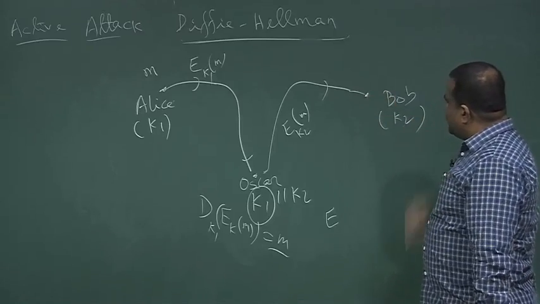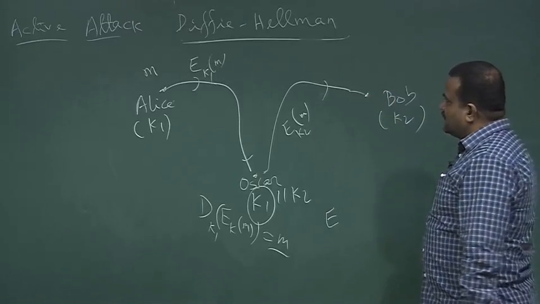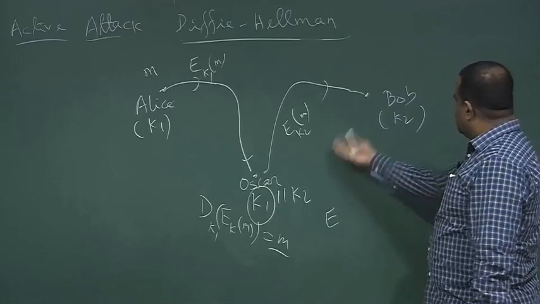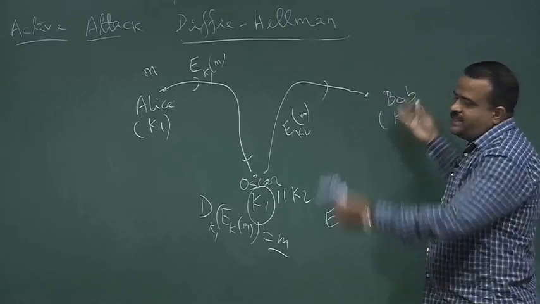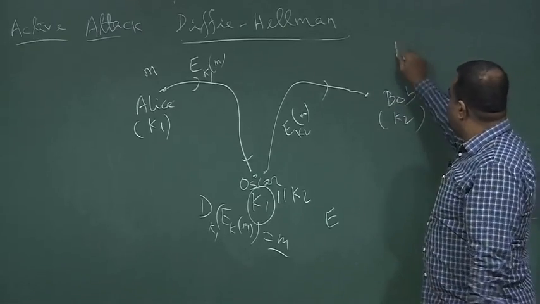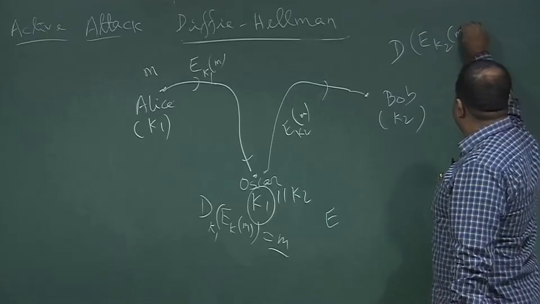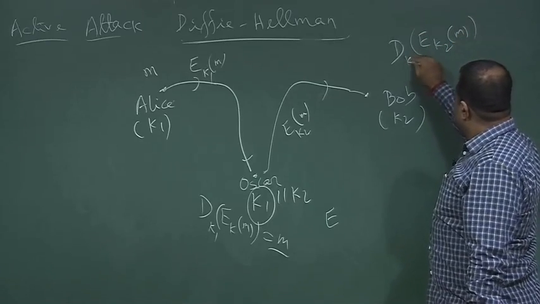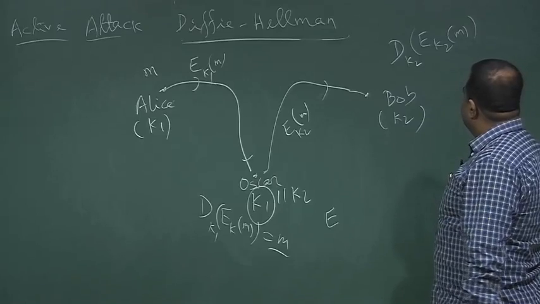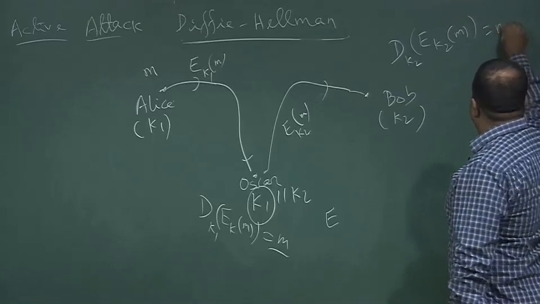Now, Bob has k2. Bob is thinking this message is coming from Alice with the same key they have shared. So, what will Bob do? Bob will decrypt it using k2, and Bob will get back the message.